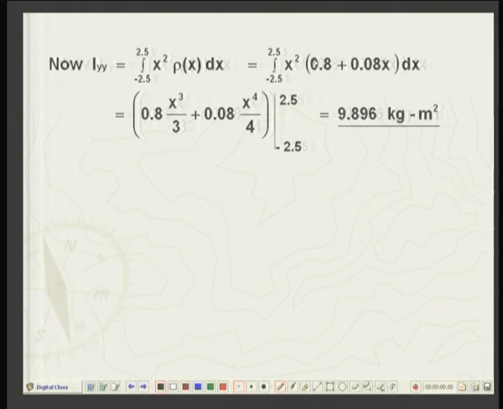So, x square into 0.8 plus 0.08 x integrated along x from minus 2.5 to plus 2.5. Integration is very simple, and substituting the upper limit and lower limit, we find that Iyy is equal to 9.896 kilogram meter square. Okay.